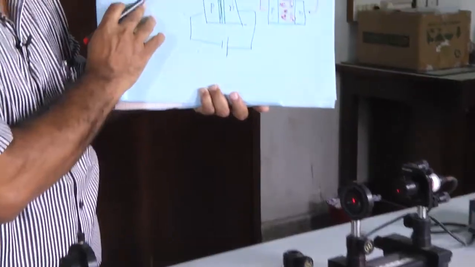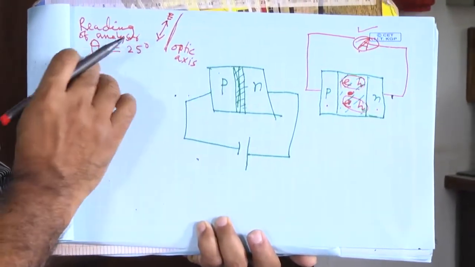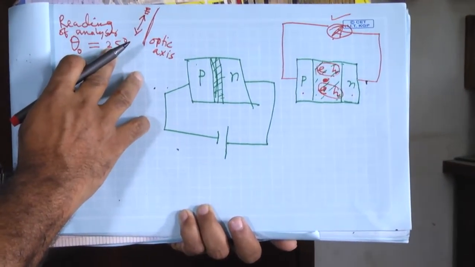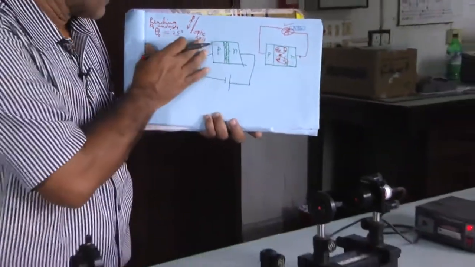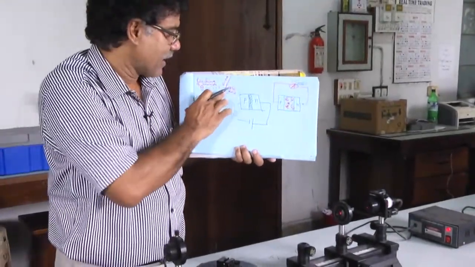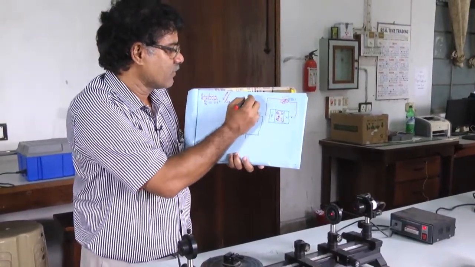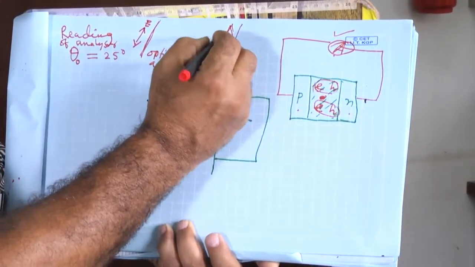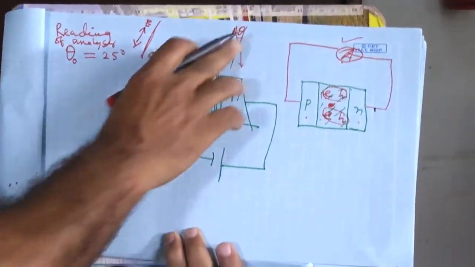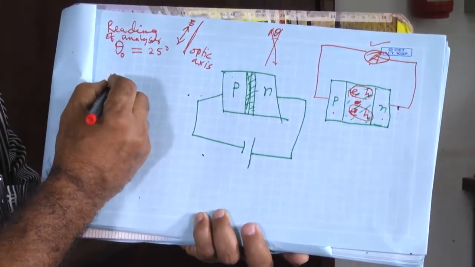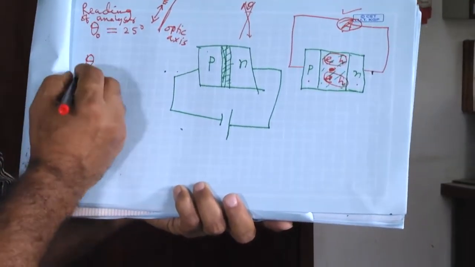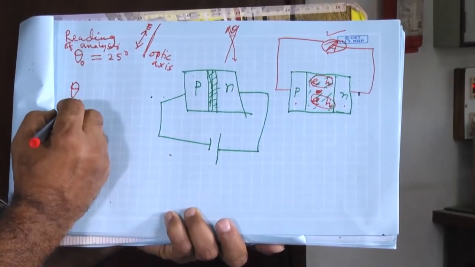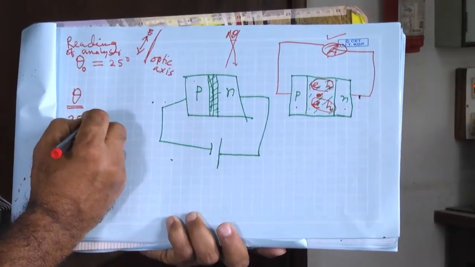Theta 0 is 25 degrees, which we take as the 0 angle, the parallel position. In the formula I showed you, the angle between the optics axis and the electric component is theta, which is the reading minus theta 0.